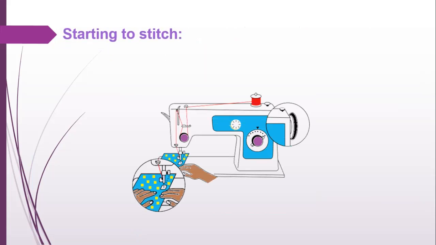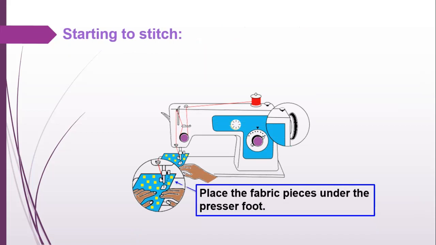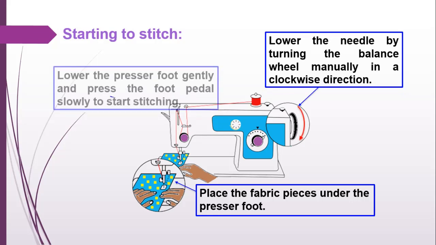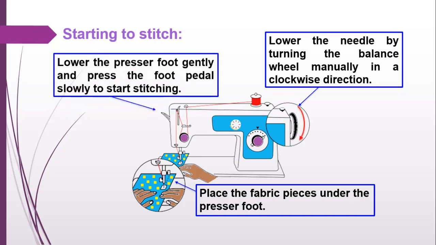The first step is to place the fabric pieces under the presser foot, then lower the needle by turning the balance wheel manually in a clockwise direction. And finally, lower the presser foot gently and press the foot pedal slowly to start stitching.